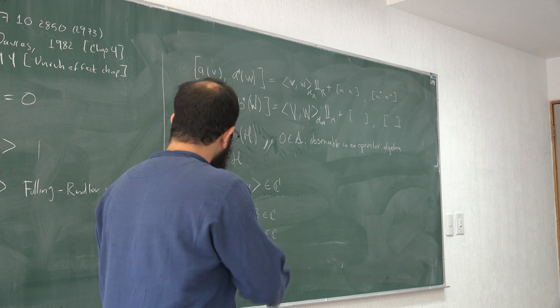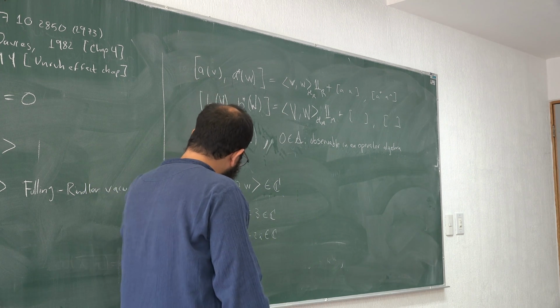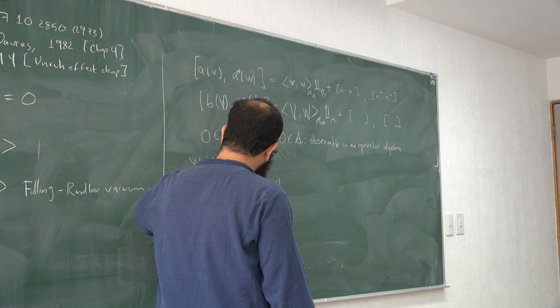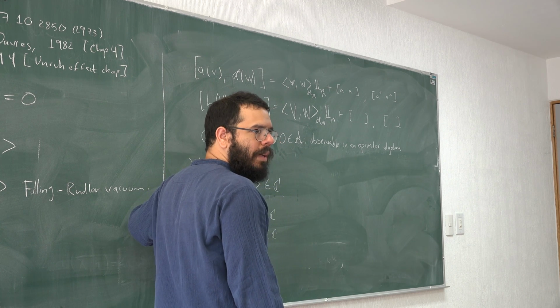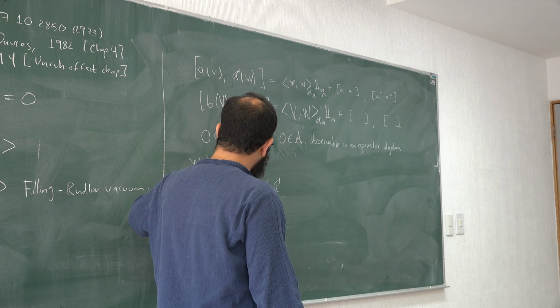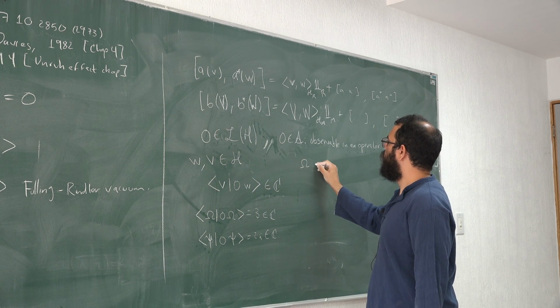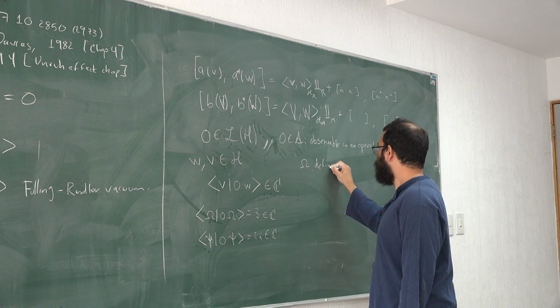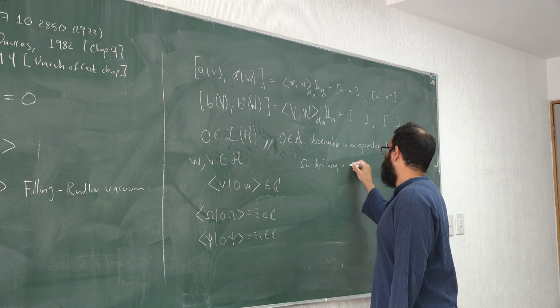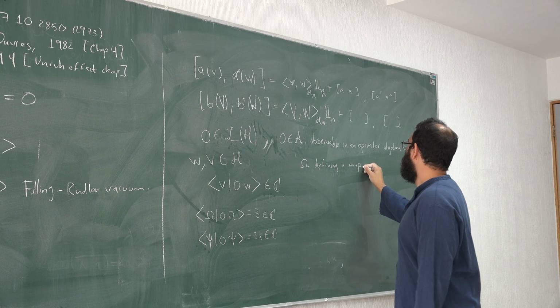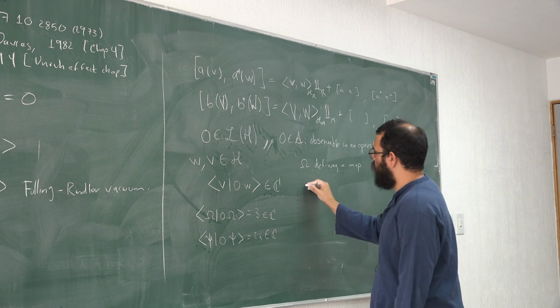Okay. So I can view a state, I can view the state psi, or I can view the state omega as a map. So I can think of omega defining a map. What map?